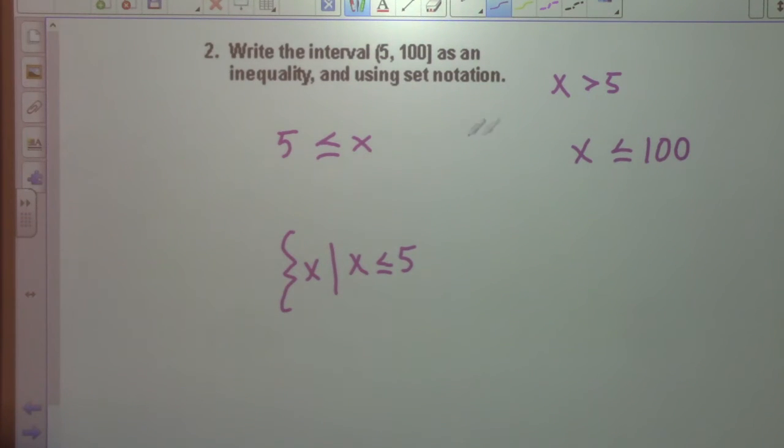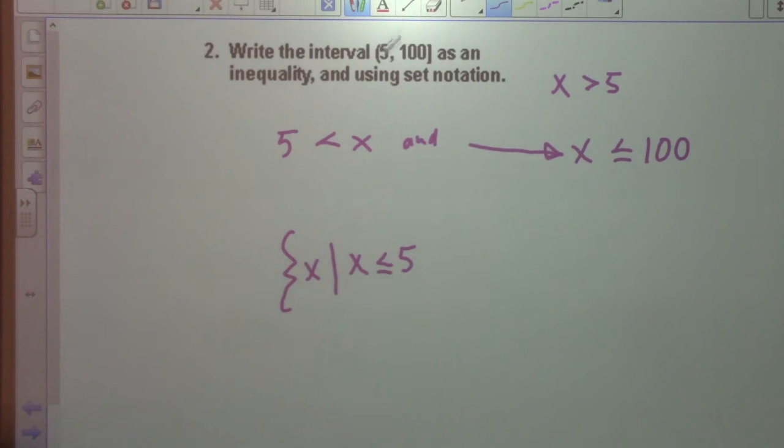So how do we put all this together? We have this, and we have this. How do you put these together in one consistent statement?